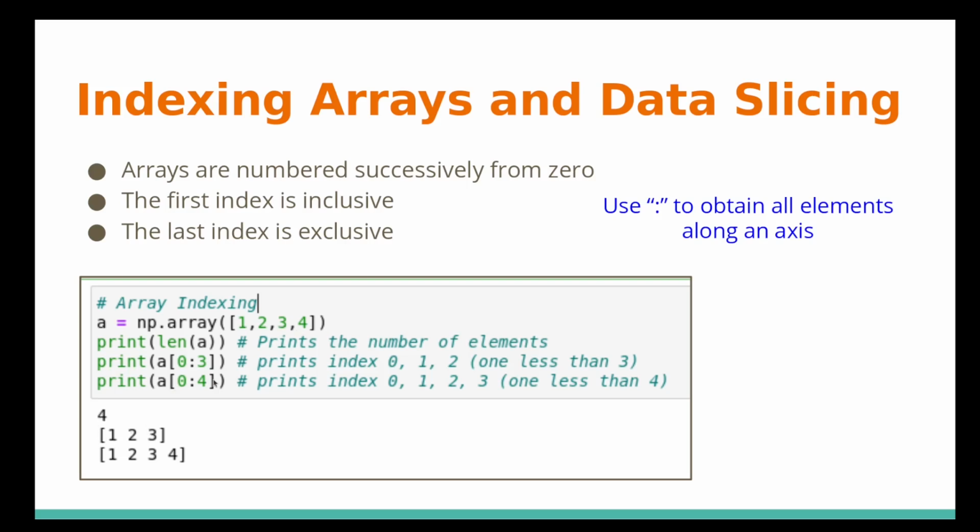Similarly, if I put 0 to 4, it prints 0, 1, 2, 3. It doesn't quite go to 4, but goes till the fourth index, not the number 4 here, and then provides me with 1, 2, 3, 4. So that's how the indexing works. The first index always starts at 0 and is inclusive. The last index, it goes up till that index, but never quite gets there. It stops one shy of that.